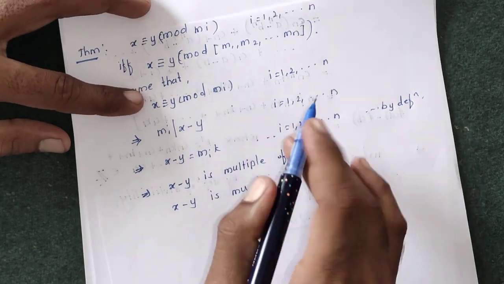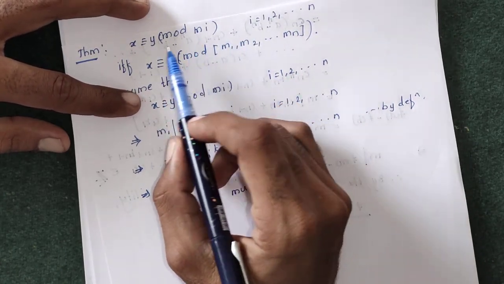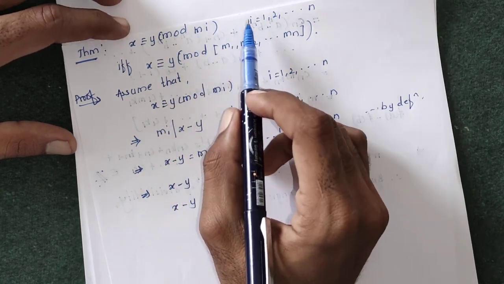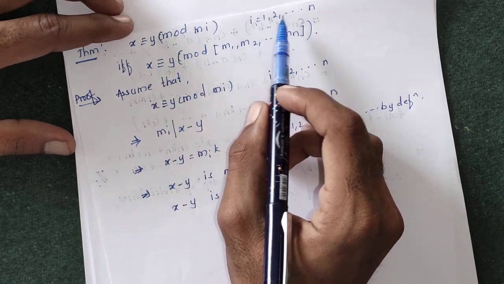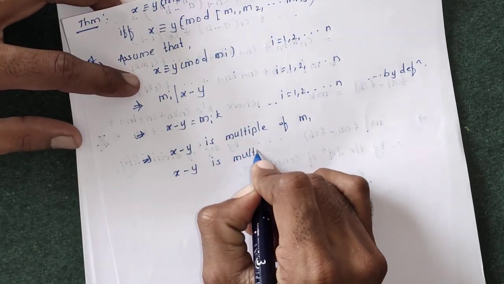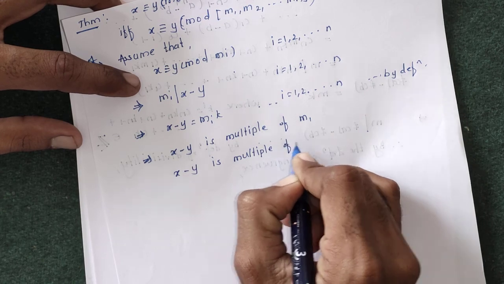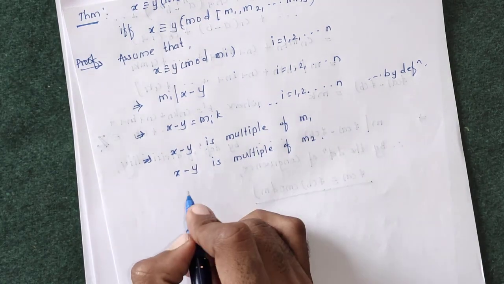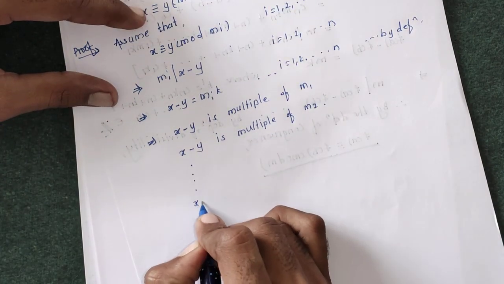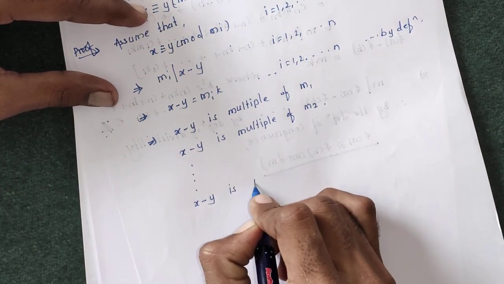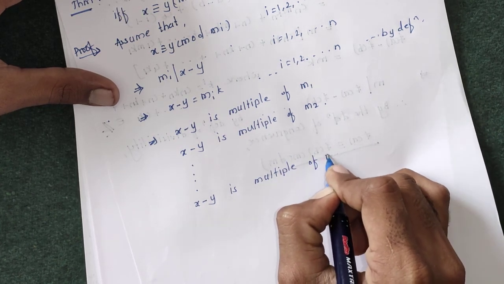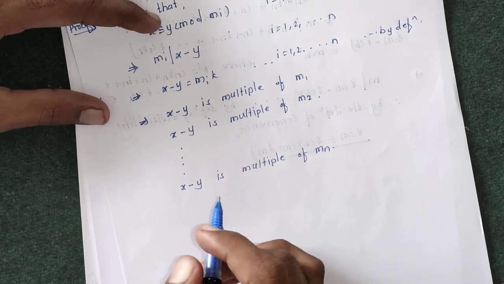That is, x minus y is a multiple of each mi: a multiple of m1, a multiple of m2, up to a multiple of mn.